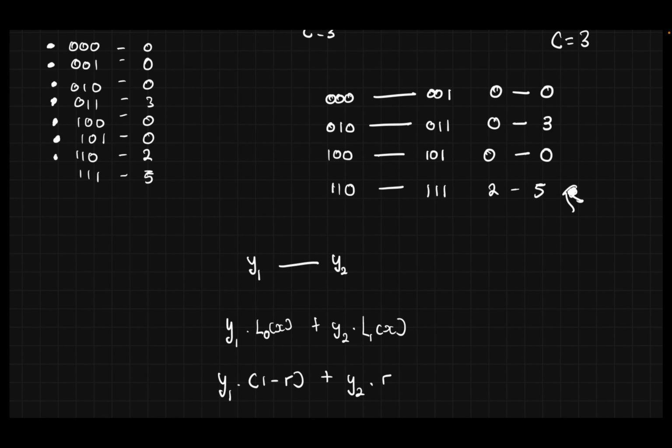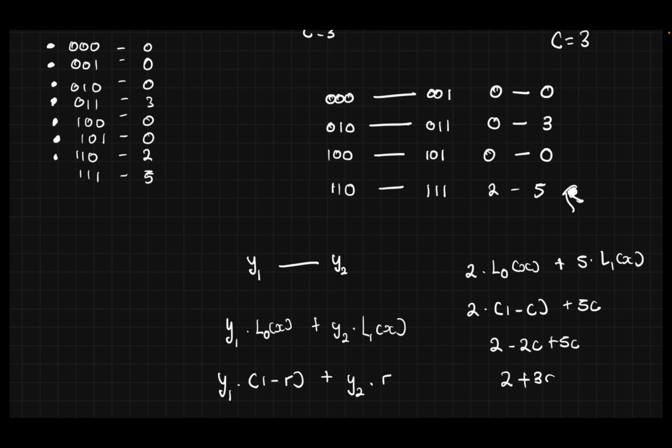We'll have 2 times L0 plus 5 times L1, which is 2 times (1 minus c) plus 5c, which is 2 minus 2c plus 5c, which is 2 plus 3c.